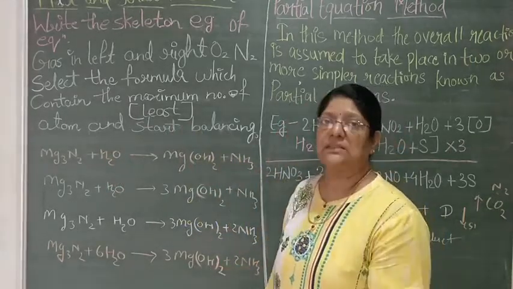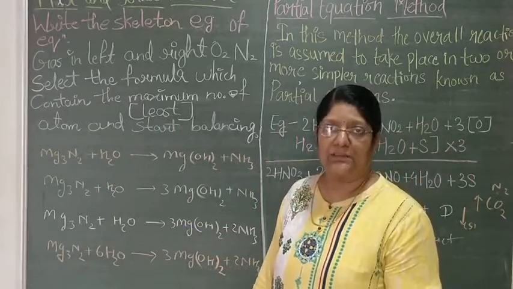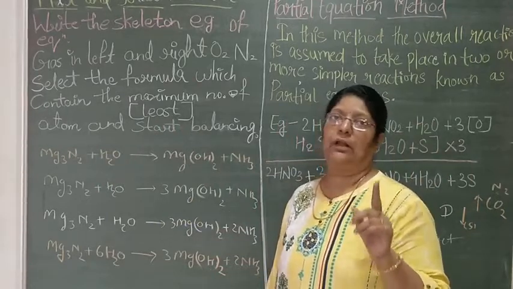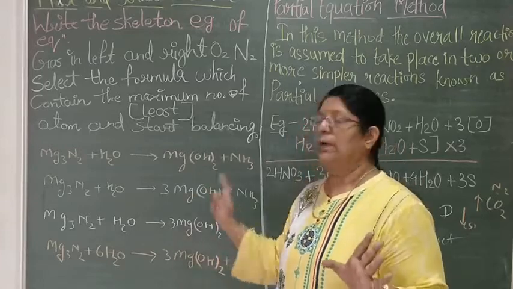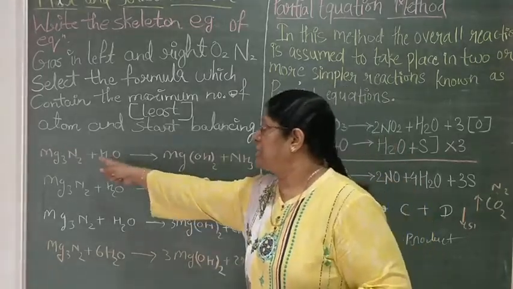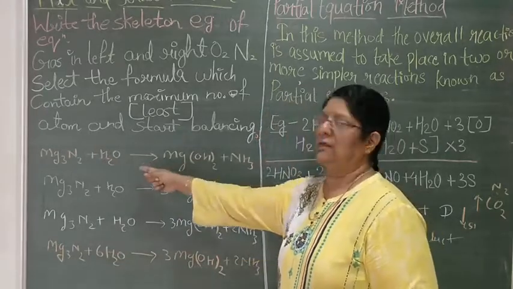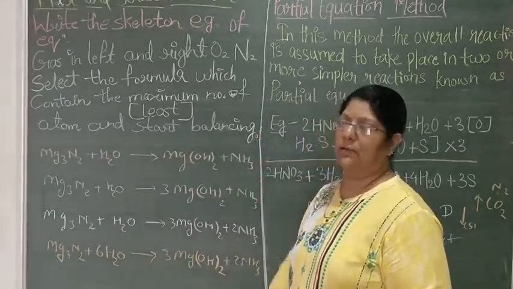Their form and chemical composition may change, but the number of that particular element must remain the same. Number cannot be changed. So Mg3N2 is reacting with water, forming magnesium hydroxide and ammonia.